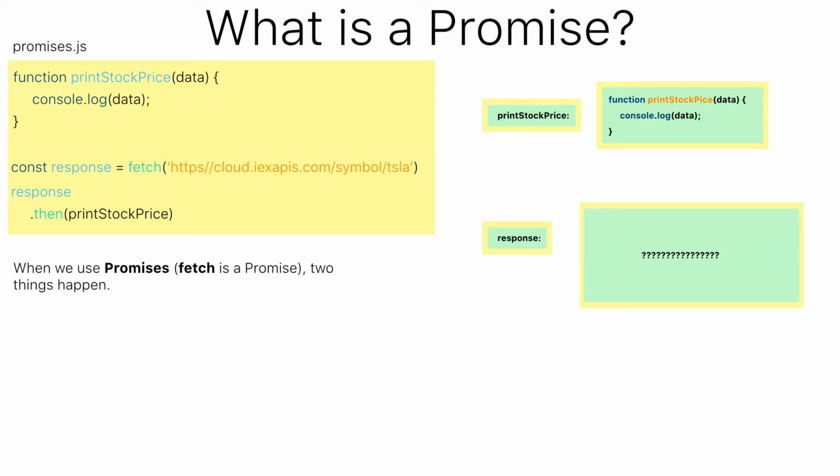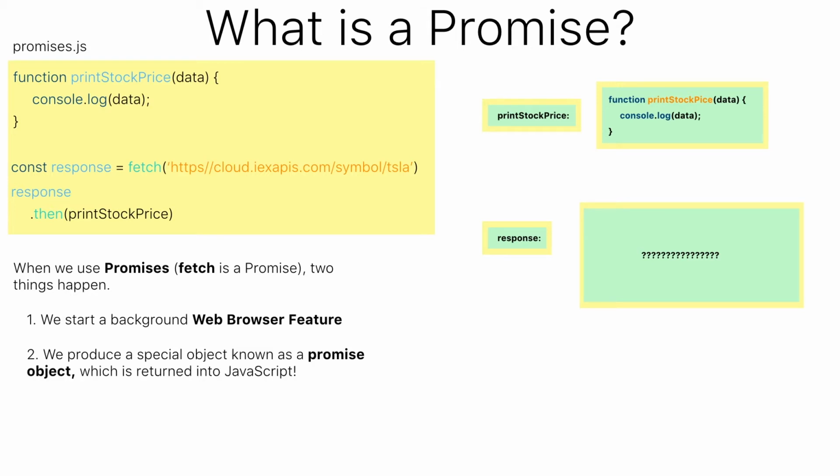So when we use promises, and fetch is a promise, two things happen. One, we start a background web browser feature, and two, we produce a special object known as a promise object. And this is what gets returned into JavaScript. So this promise object is what will get stored in response.